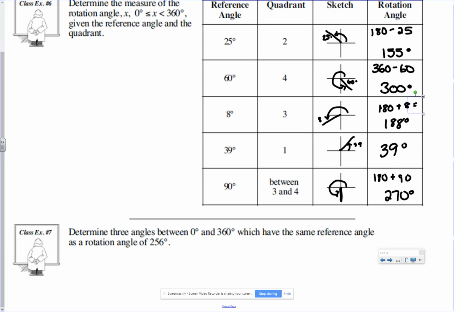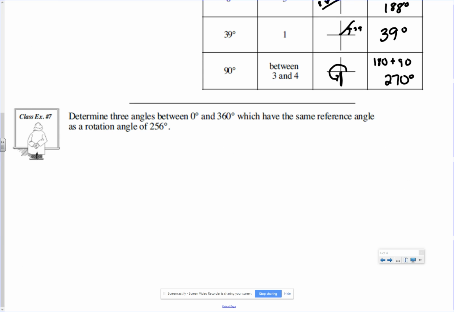So now it says for the last one here, determine 3 angles between 0 and 360, which have the same reference angle as 256. So if we drew in 256, which would be right there, and found our reference angle, that will help us solve the problem.